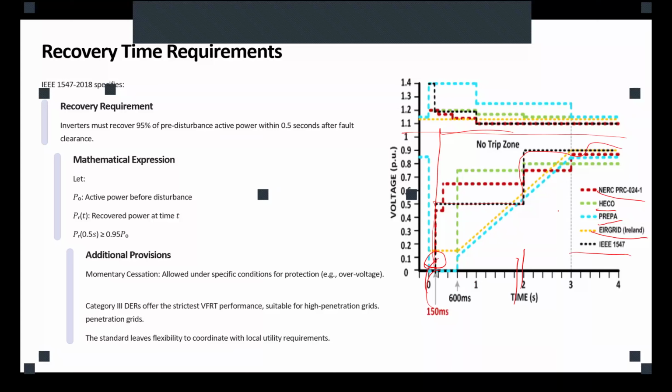Makes sense? For example, you see the American versions like IEEE and NERC doing it step by step. But if you look at the PREPA or Ireland standard, they are going linearly. It's not step by step. They are increasing voltage linearly until they are in a steady state situation.